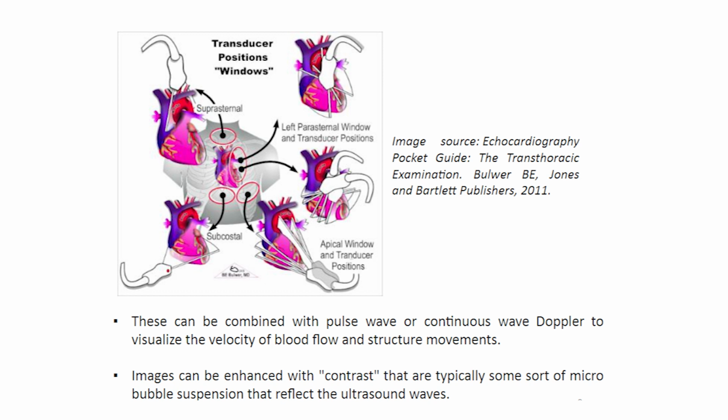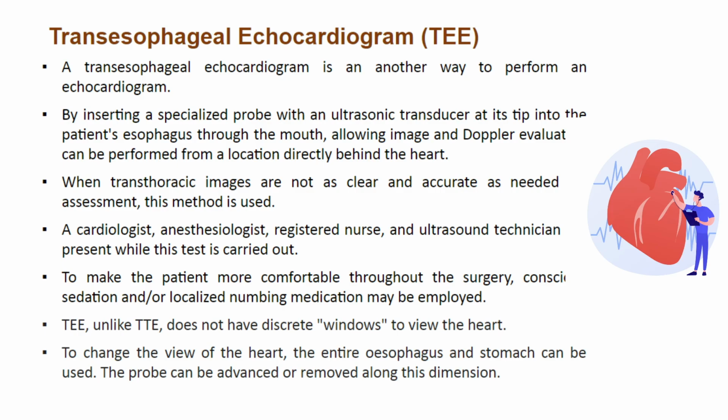Now, I am going to explain transesophageal echocardiogram, we call it TEE for short. A transesophageal echocardiogram is another way to perform an echocardiogram, by inserting a specialized probe with an ultrasonic transducer at its tip into the patient's esophagus through the mouth, allowing image and Doppler evaluation to be performed from a location directly behind the heart.